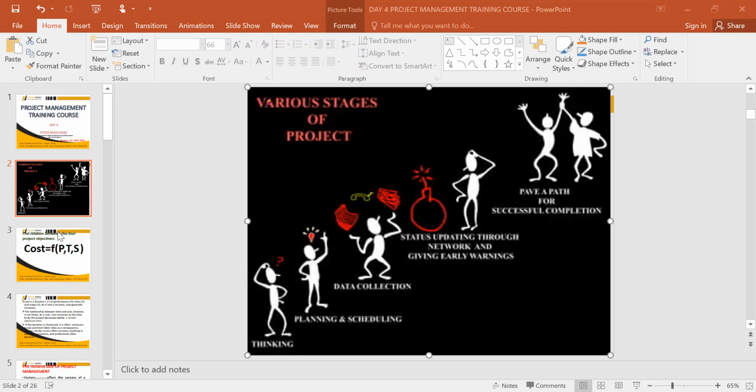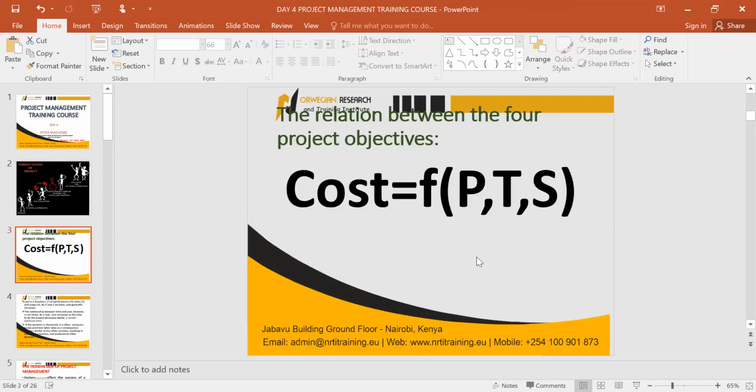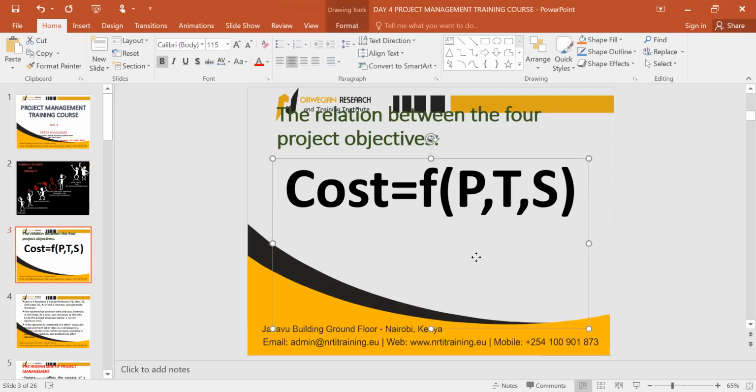Now, when we come down here, we realize that there is a relation between the project objectives. Cost is a function of performance, time, and scope. So the budget that we are supposed to develop for our project is a function. When somebody says that cost is a function, can somebody tell me what it means?